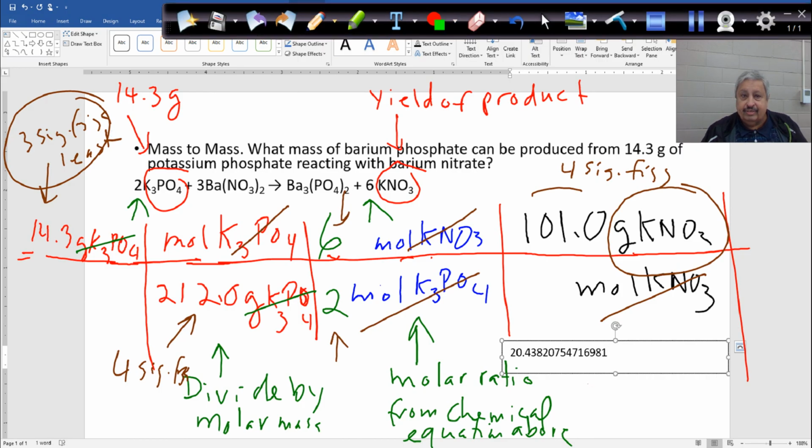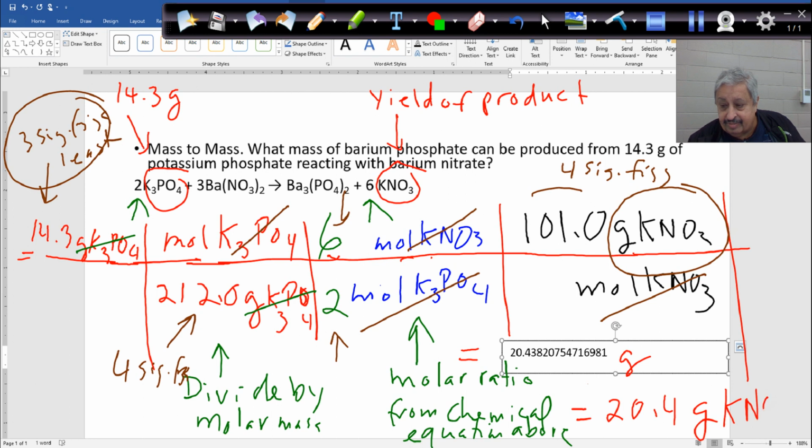This is the answer here. The answer is in grams, correct? Now what will my answer be? 21.4, correct? Grams of potassium nitrate.